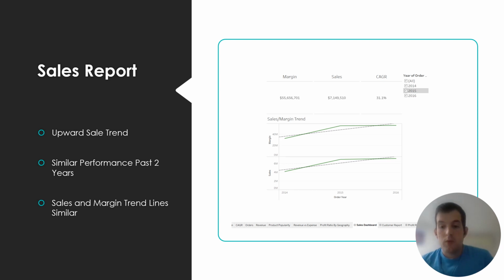All right, let's dive right into the sales report. Looking at it, one can see the sales trending upward at a significant angle from 2014 to 2015, and then they almost flatten from 2015 to 2016. This is due to the significant change from 2014 to 2015, and then a similar year from 2015 to 2016.